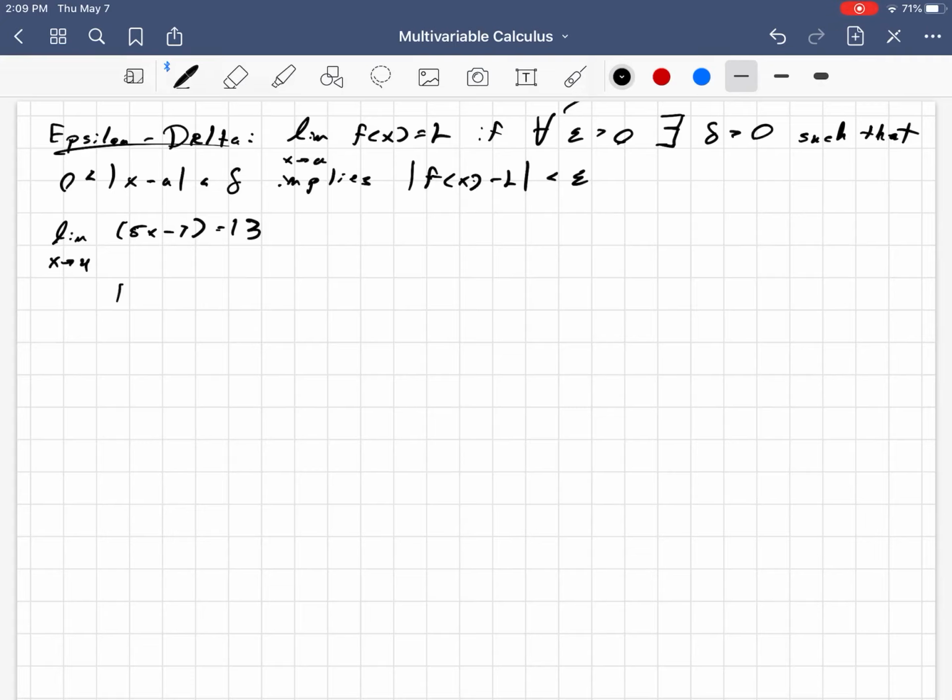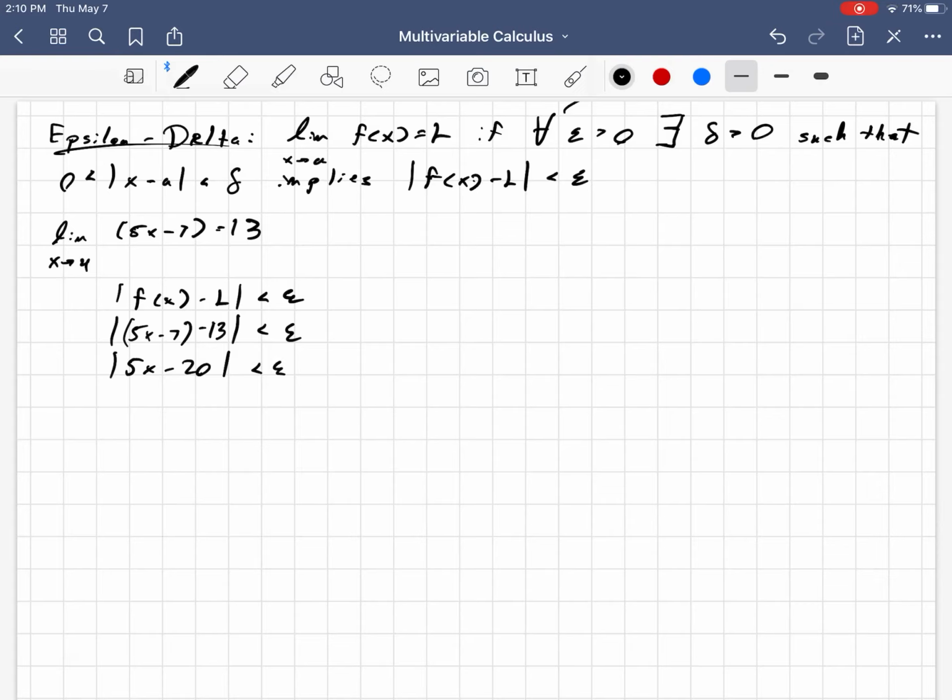So for some preliminary work, let's just start out with this part here of the definition. We have that the absolute value of f of x minus L is less than epsilon. And for our specific limit, that is saying that the absolute value of 5x minus 7 minus L, our answer, so 13, is less than epsilon.